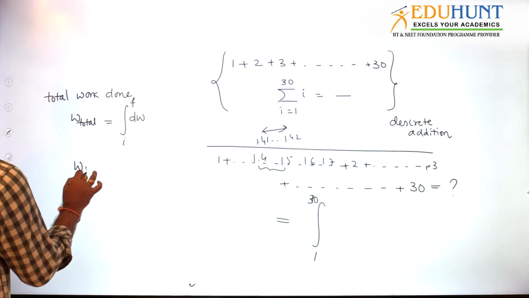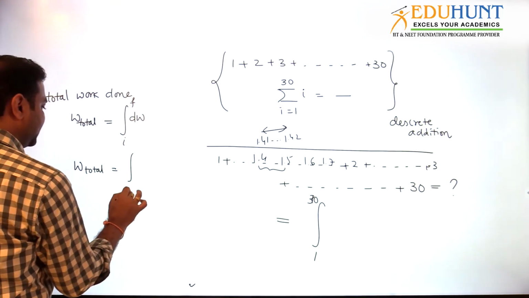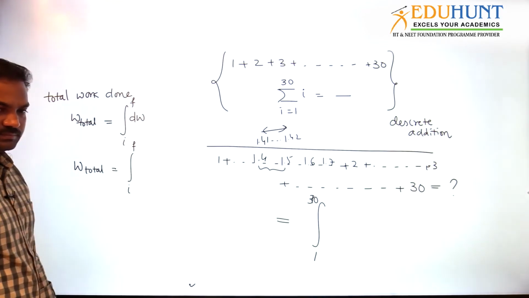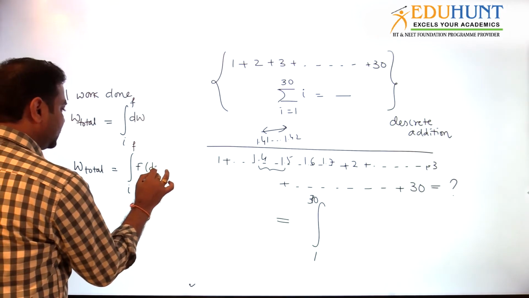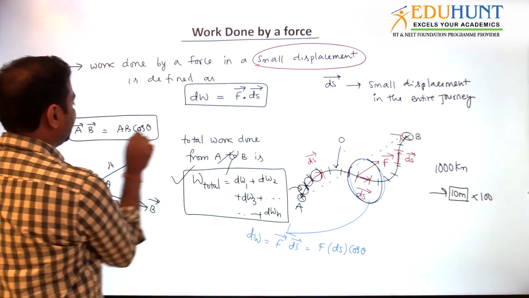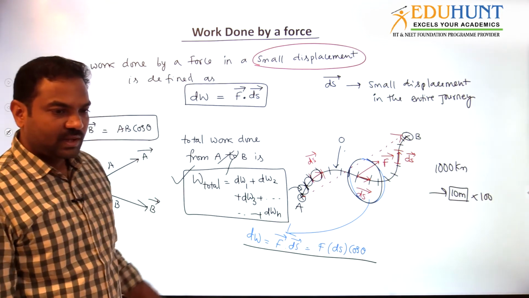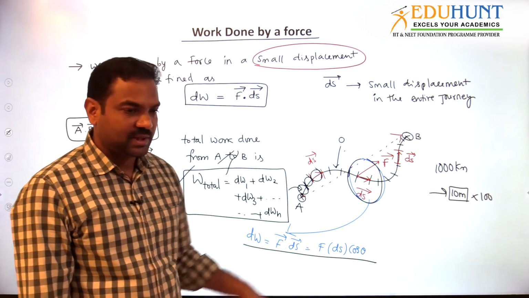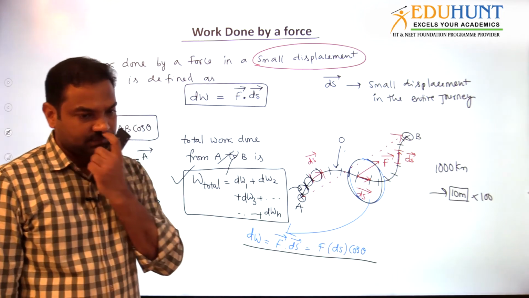So the total work done is equal to the integral from initial limits to final limits. dw, I can write down, is f into ds into cos theta, okay? So dw is defined as f ds cos theta. See once. How to write down the work done in a small part of the journey: f bar dot ds bar, f into ds cos theta.